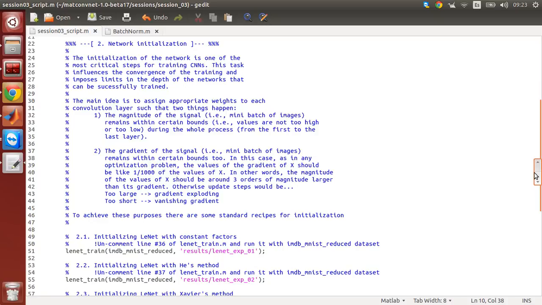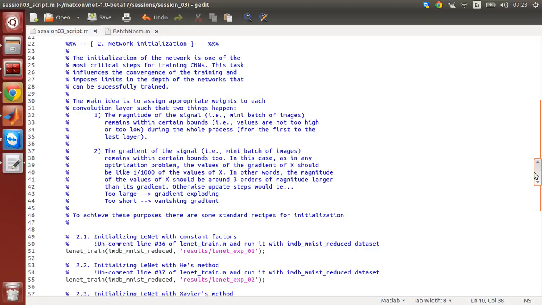So as long as the data is crossing across the different layers within these boundaries, the process is going to behave well. And the same is true for the backward propagation, so for the gradients. So your gradients also need to be within certain bounds, not too high, not too low.